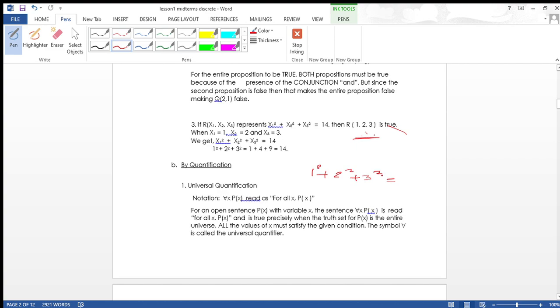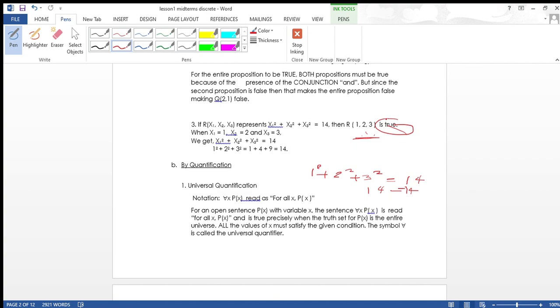So that's 1 plus 4 is 5, plus 9 is 14. So we have 14 is equal to 14, making now our proposition true if the values of x1, x2, x3 are 1, 2, and 3 respectively.